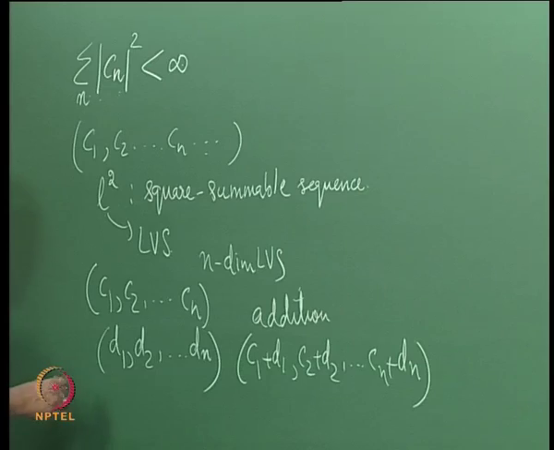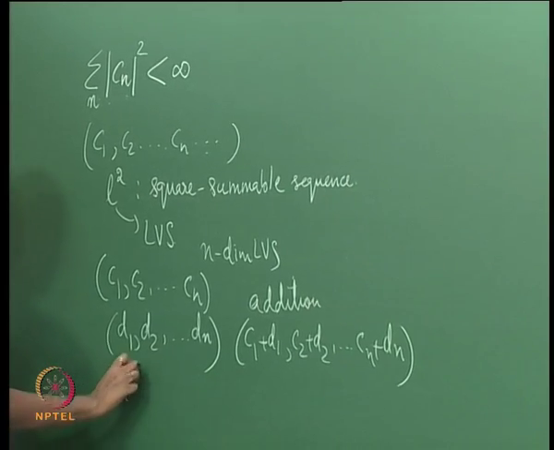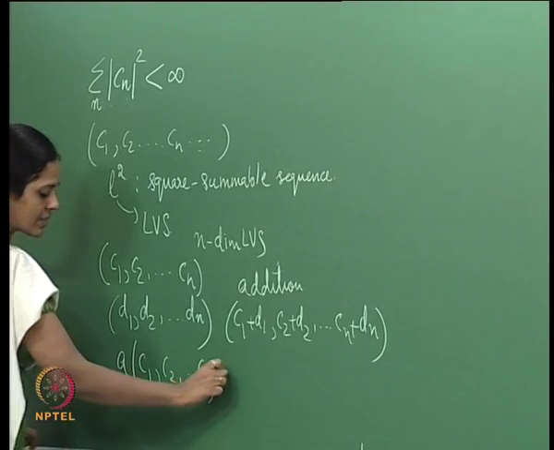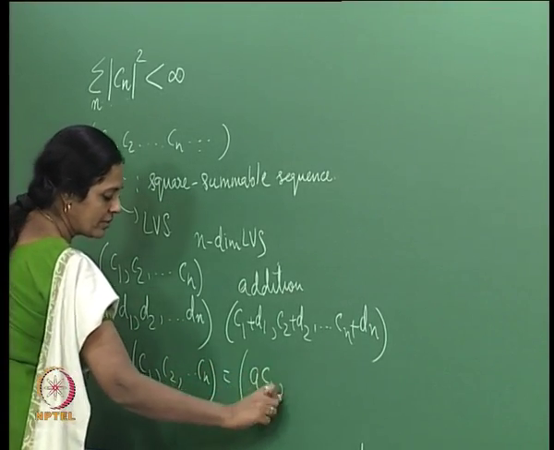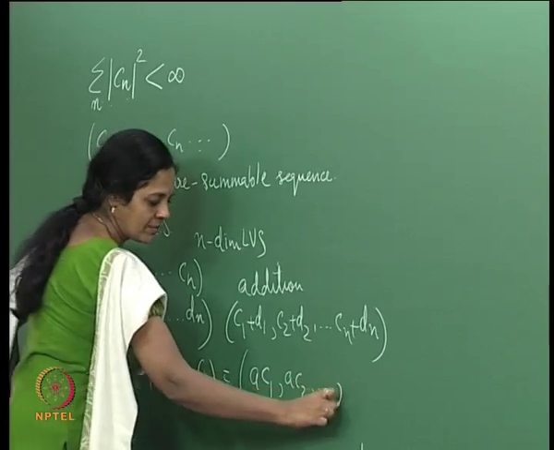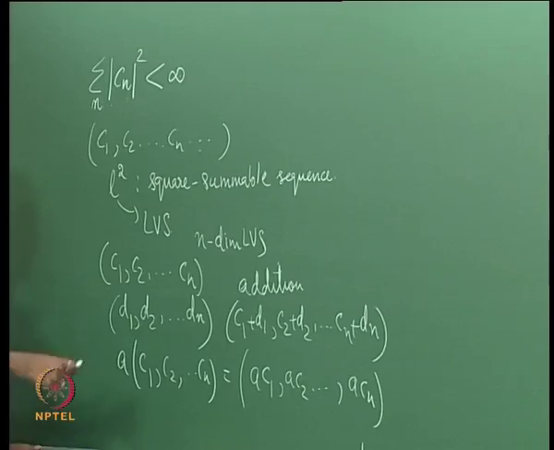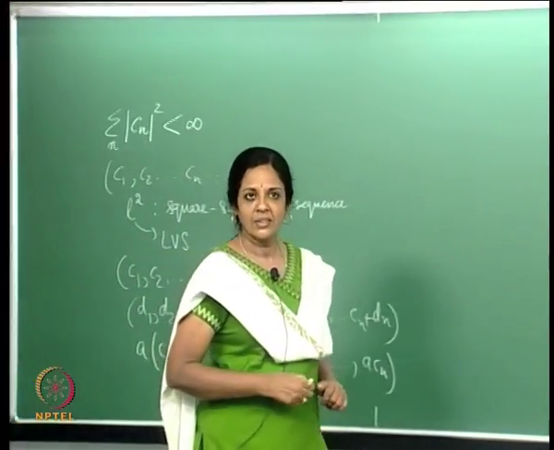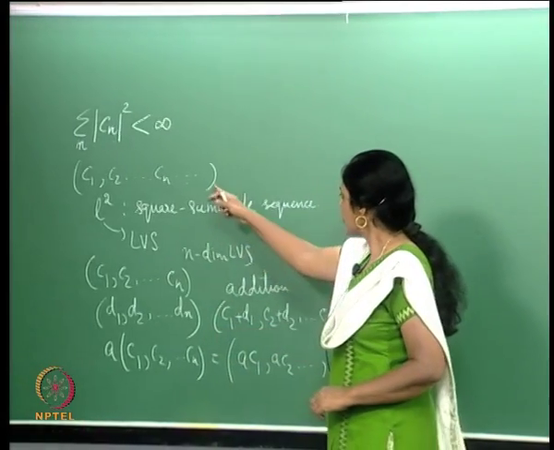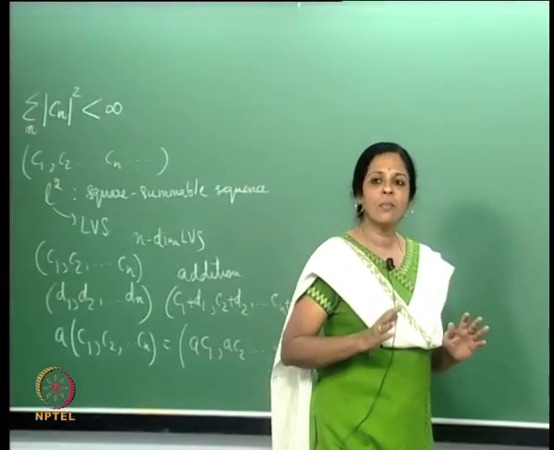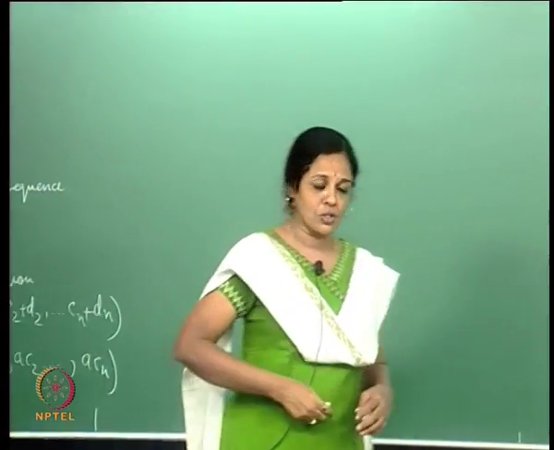Similarly, scalar multiplication is defined as A times C1, C2, Cn, where A is a scalar, as A C1, A C2, A Cn. So with addition and scalar multiplication defined in this manner, we can check that the set of all such sequences, square summable sequences, form states in a linear vector space.